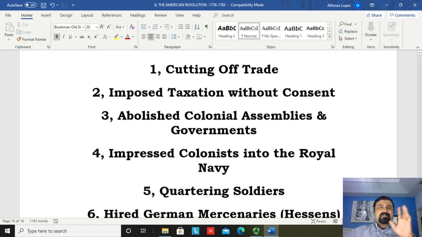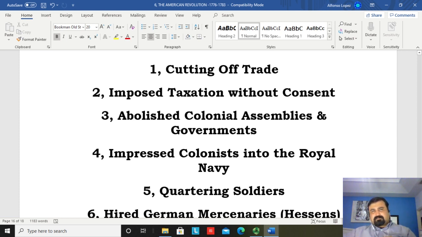The most important ones, again, listed in the Declaration of Independence is cutting off trade. Okay, we have been cut off of trade with the Navigation Acts and all the laws that I explained deprived us from participating in trade. It affected, in other words, our interest, our property.